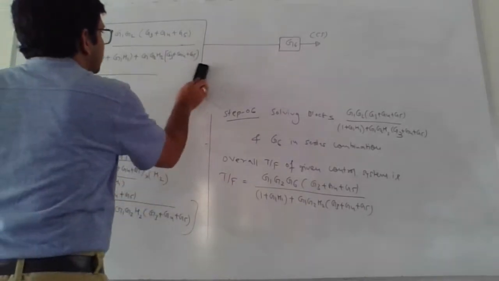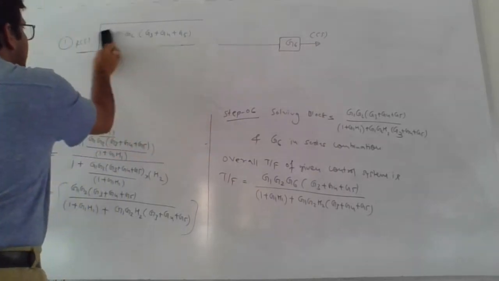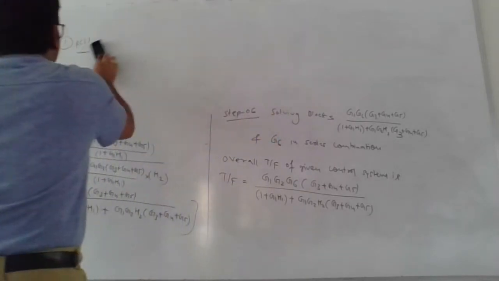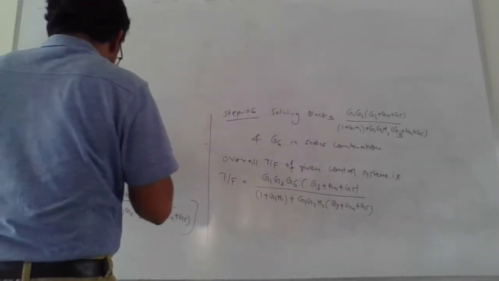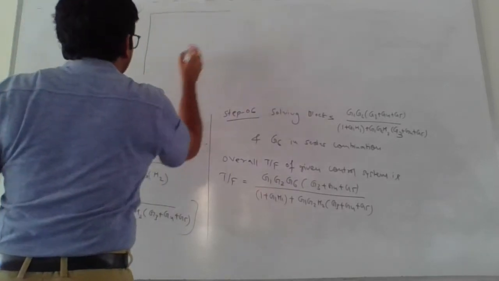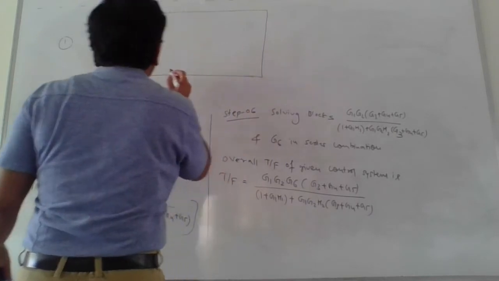So now instead of drawing this, I am going to replace this by a single block gain like this. So now we have only a single block of the entire structure like this.